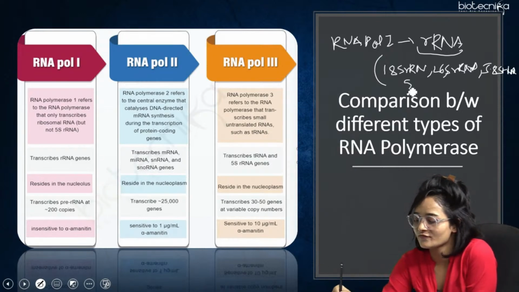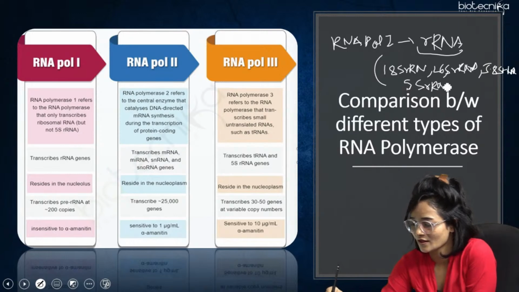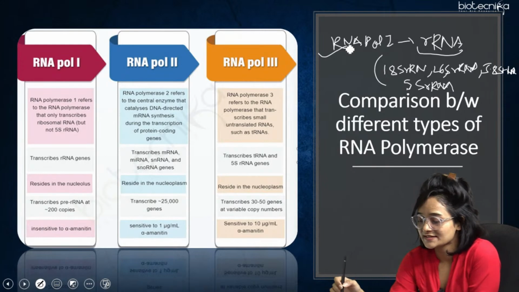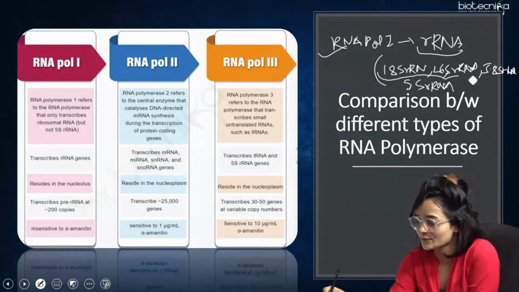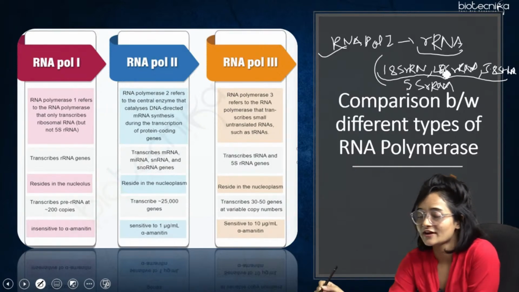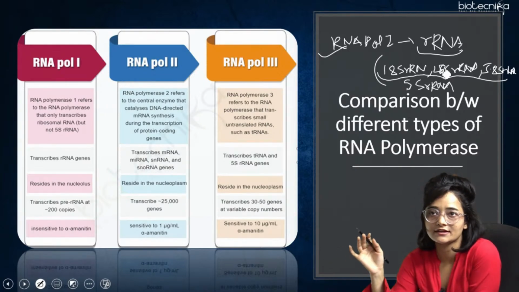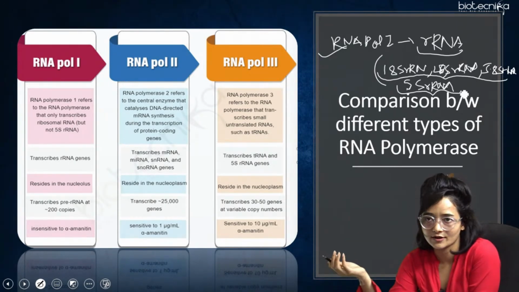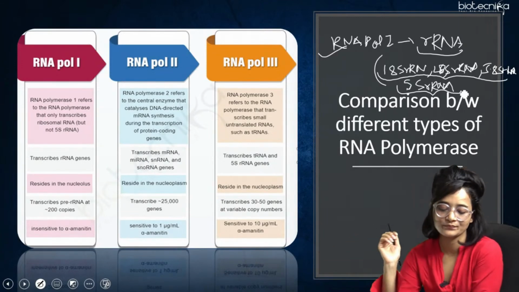And there is one more, that is 5S rRNA. But this particular RNA polymerase 1 synthesizes only these three: 18S rRNA, 28S rRNA, and the 5.8S rRNA. And 5S rRNA is synthesized by some other RNA polymerase. We'll get to know about it.